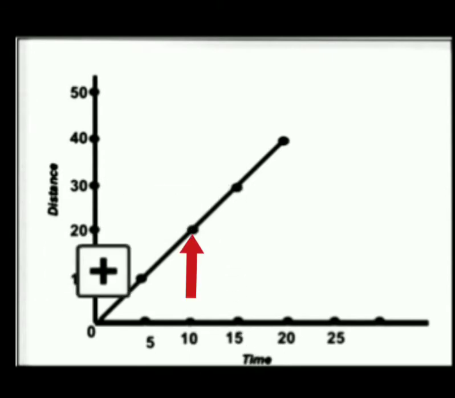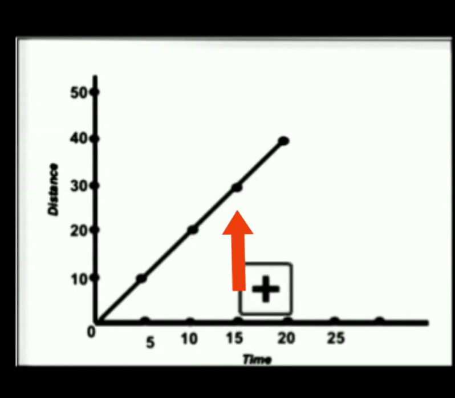Let us see here. Let us assume that time is represented in seconds. We can take any unit according to the situation of motion, and here we consider the distance in meters. So students, as you can see, in 5 seconds, between 0 to 5 seconds, the object travels a distance of 10 meters, and up to 10 seconds it reaches 20 meters.